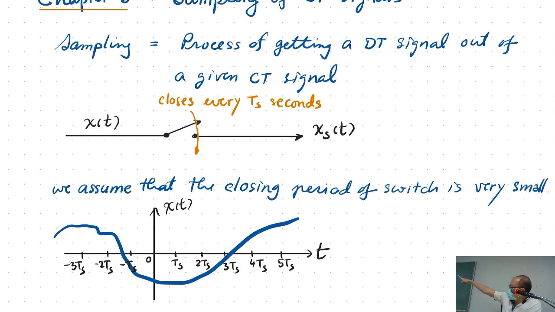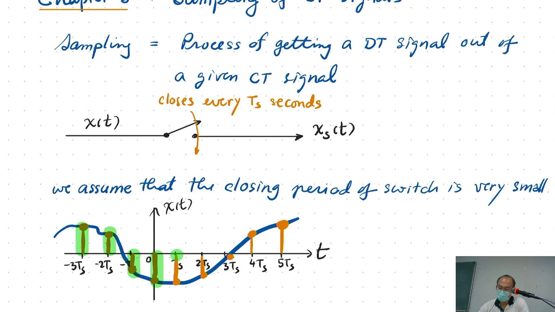Now, under the above assumptions, xs would be this, right? This is the xs. Let me highlight it here. The green bars are the xs.